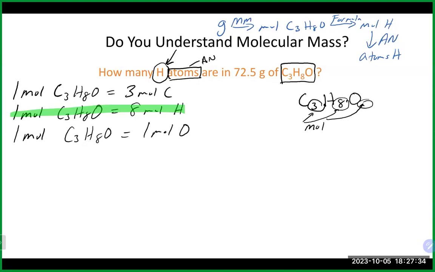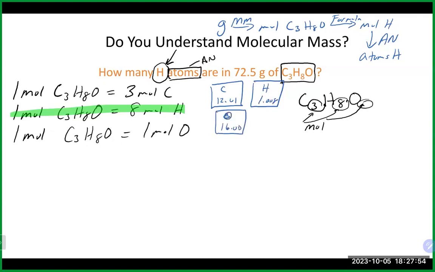As we talked about, you basically just add up all the parts. From the periodic table, carbon is 12.01, and that is the number we see on the bottom. Just like for hydrogen, we see 1.008. And for our friend oxygen, we see 16.